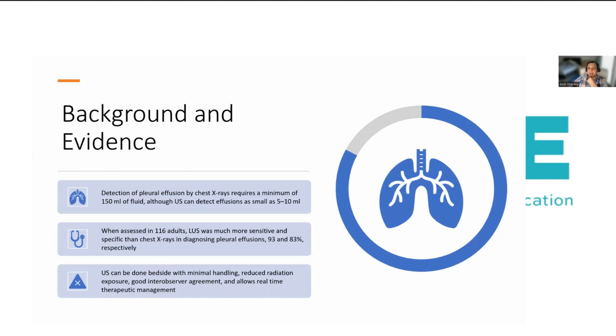So not only can you diagnose the pleural effusion, but you can do a needle thoracentesis, as well as pleural drainage or insert a chest drain under ultrasound guidance, to make sure you're doing it safely in the maximum pocket without injuring any of the surrounding viscera, in particular the abdominal viscera, because we often go quite low and in the posterolateral part of the chest. So there are definite advantages of using ultrasound over just chest X-ray, which have become apparent over the last decade.